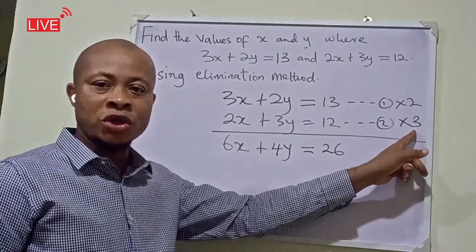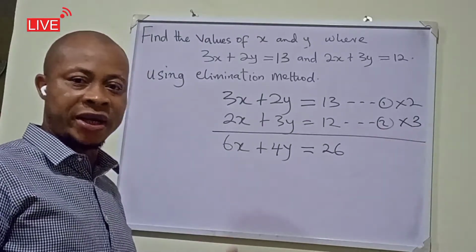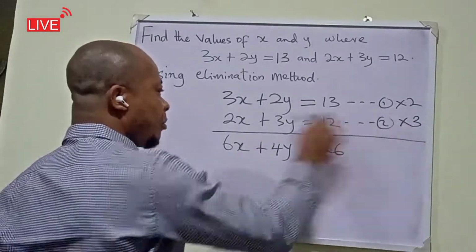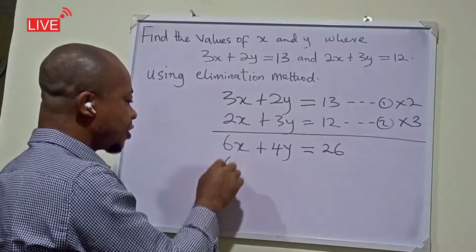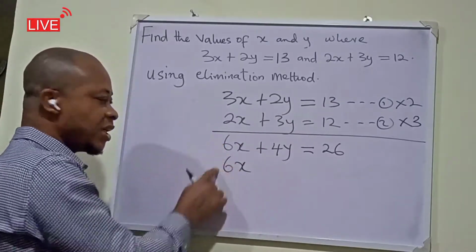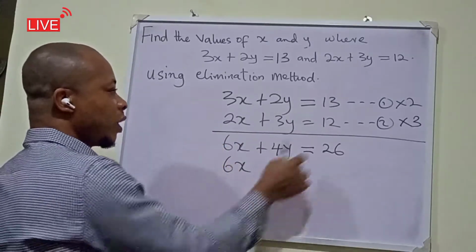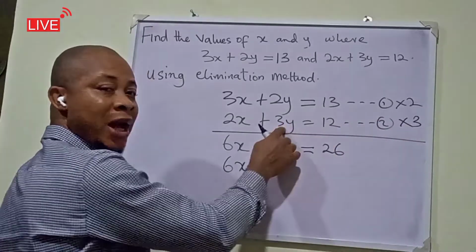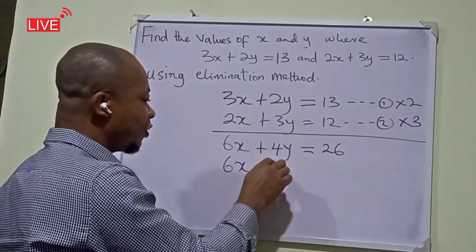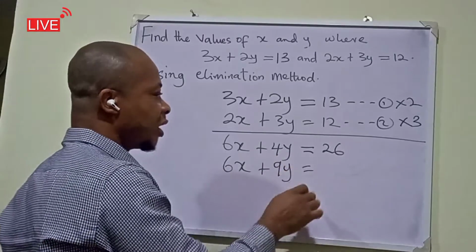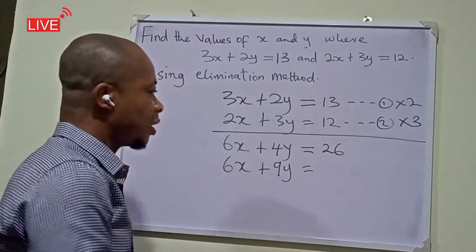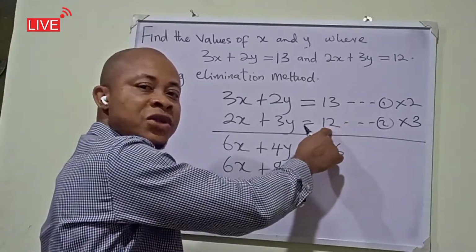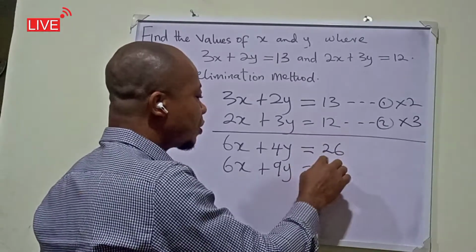You go to equation 2, multiply everything by 3. 3 multiplies 2x will give you 6x. You can see they are now equal. You continue, 3 multiply 3y will give you 9y because 3 times 3 is 9. 3 multiply 12 will give you 36.